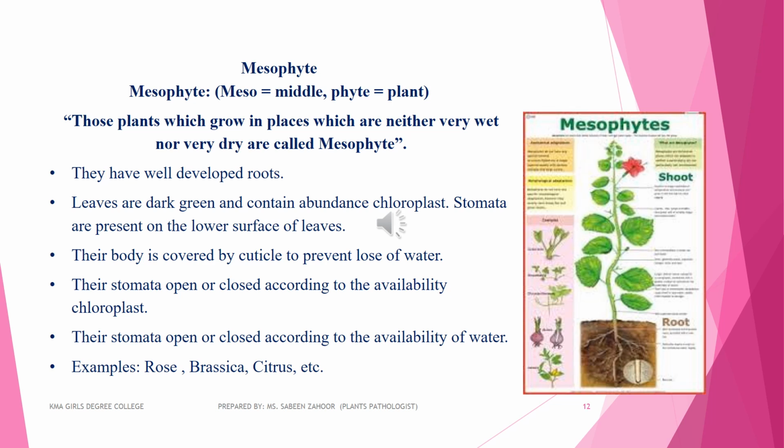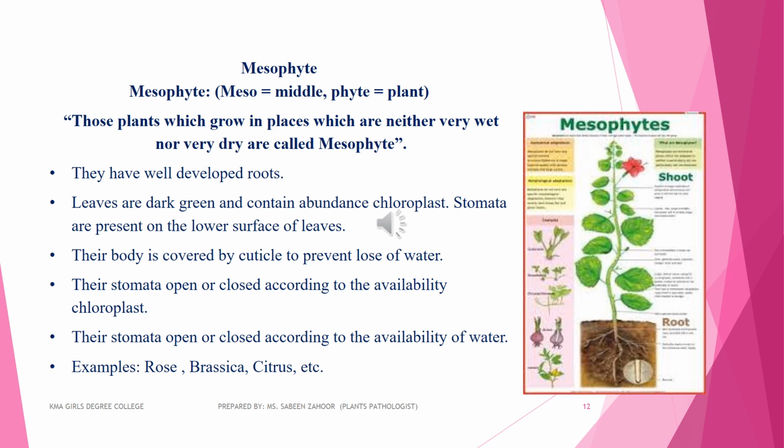Right, girls? Examples are rose, Brassica campestris, citrus, apple, and all those plants which we can easily see in our tropical environment, because Karachi is not a desertic condition, not a hydrophytic environment, not a halophytic environment. This is the moderate condition.